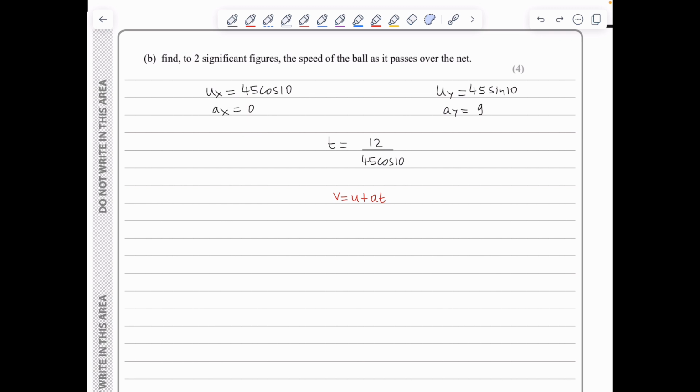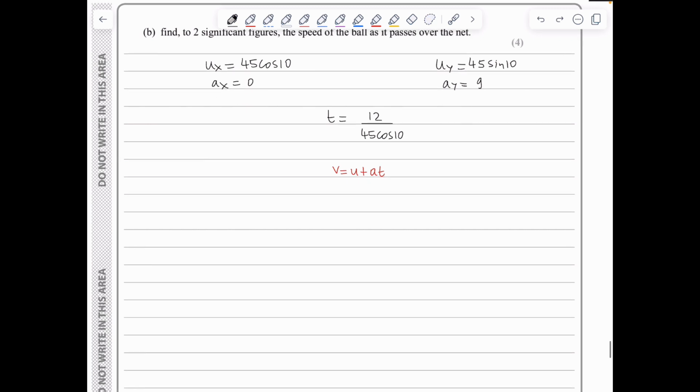So in the horizontal direction, the component of the velocity remains the same. So Vx is ux, which is 45 cos 10, which, if we put it in the calculator, is 44.3163... Whereas in the vertical direction, the component of the velocity is given by 45 sine 10 plus g times t, which is 12 over 45 cos 10.